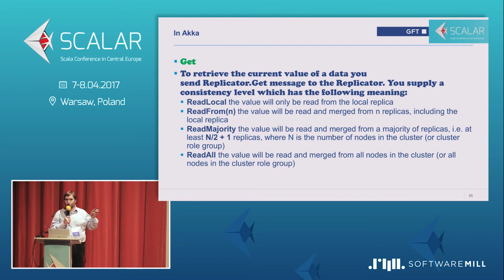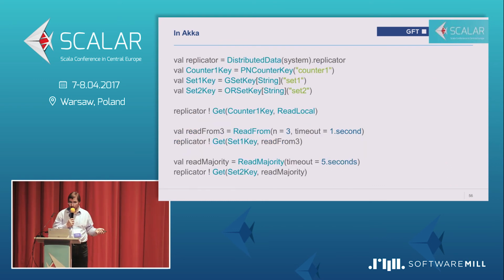You send to your local replicator, get me the object identified by key, and you can supply a consistency level. This is a unique feature that akka-distributed data has. I can read local, I can read from a number of nodes, I can read majority, which would effectively mean that I would get probably the same state from the whole cluster. It works like that.